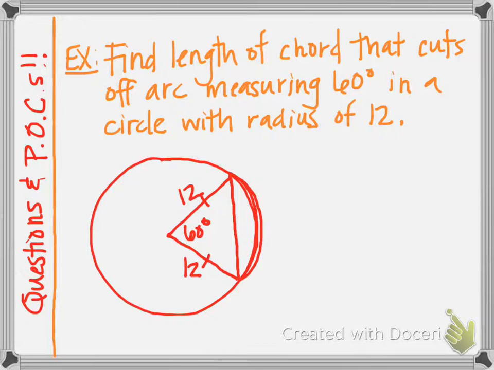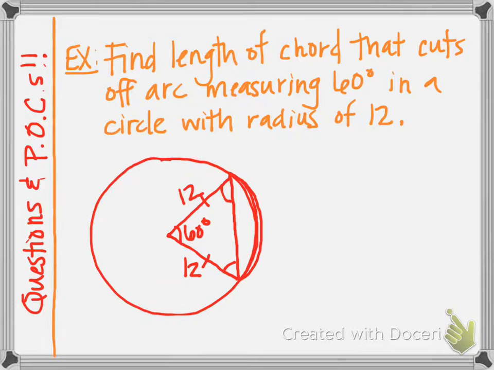So let's take a look at this triangle. I can tell because two of its sides are congruent that it's isosceles. I also know one of the angle measures. I know in an isosceles triangle that the base angles are congruent. If the vertex angle is 60 degrees and the base angles have to be congruent, that's 120 extra degrees.